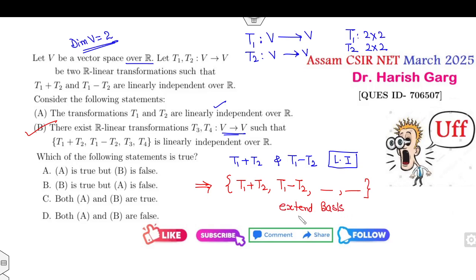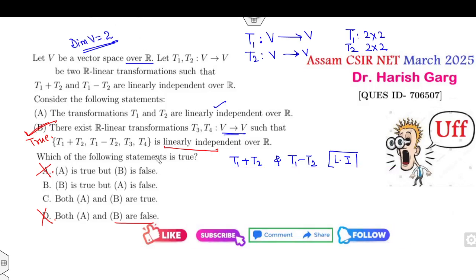Fine. So once you can extend the basis, they are basically LI. So yes, they are LI. So B is the correct statement. So D option cancel, A option cancel.